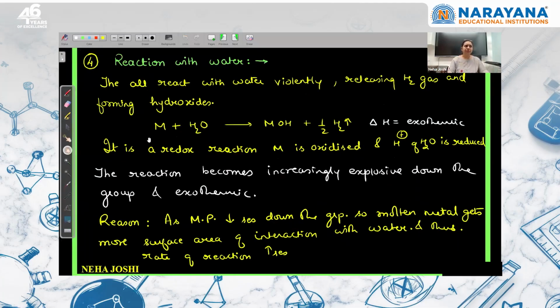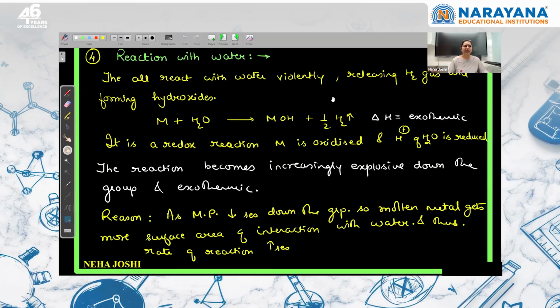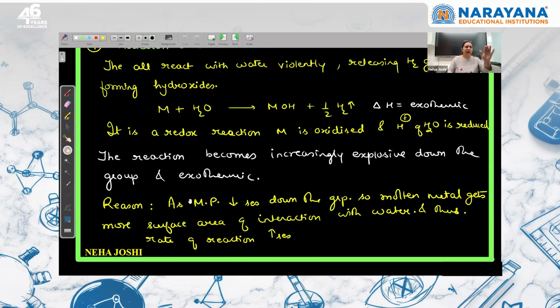Reaction with water. They all react violently. With water, hydrogen gas is released. It is a redox reaction. Metal is oxidized, hydrogen is reduced. As we go down the group, the reaction becomes more and more vigorous and explosive.